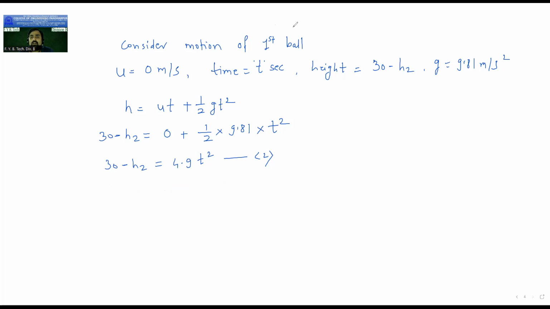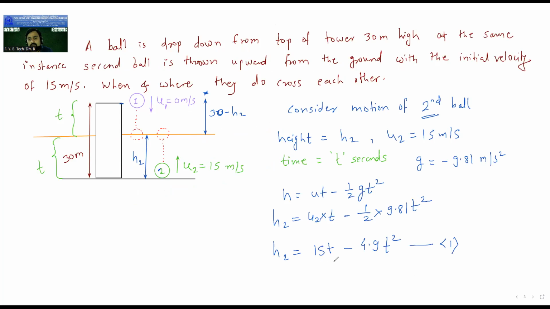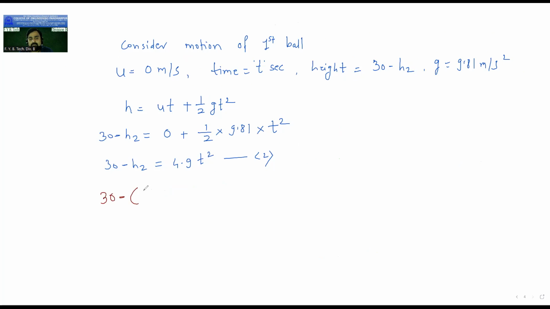So if you put that value, instead of writing, I will directly put. So 30 minus here, what is the value of h2? h2 is 15t minus 4.9 t square. Okay. Is equal to 4.9 t square.